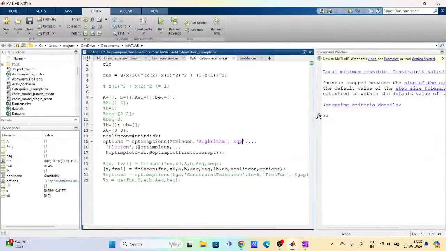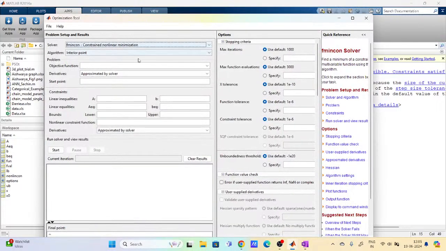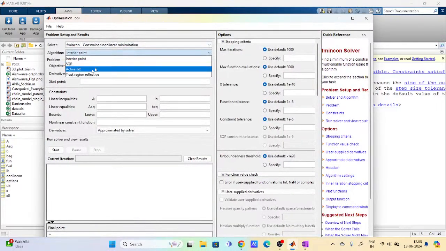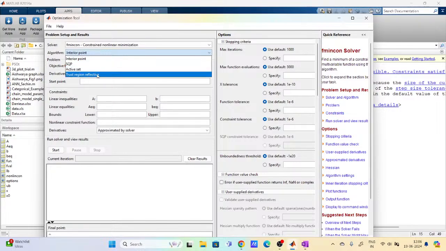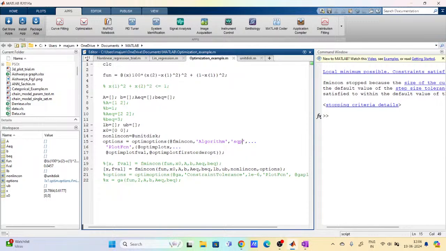Now let us suppose the trust region and active set. Let us suppose active set now.